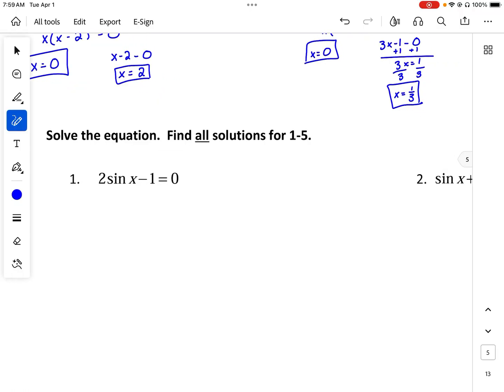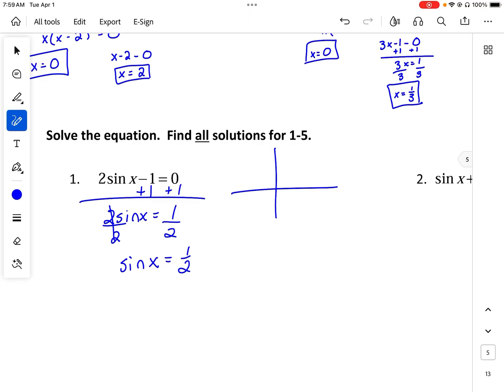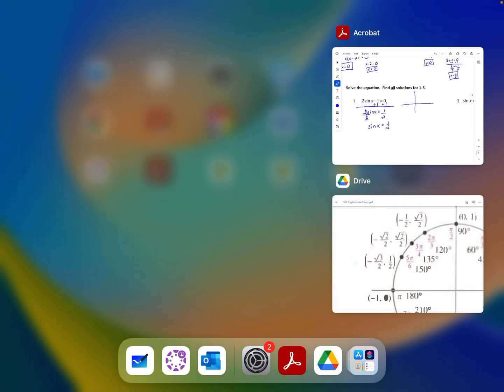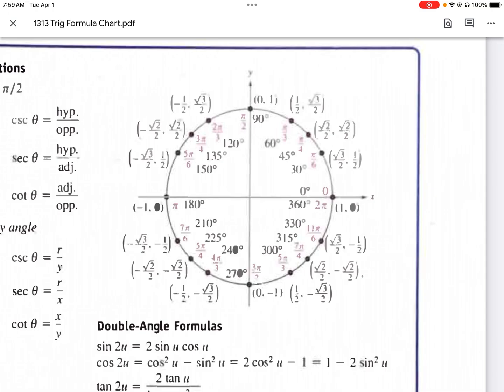Okay, so we're going to apply that same concept here. 2 sine x minus 1 equals 0. Well, they have nothing in common, so I'm going to do it like my last algebra example and go ahead and solve. Okay, so sine is y. So whenever we look at our unit circle, we're going to find when the y value is 1/2.